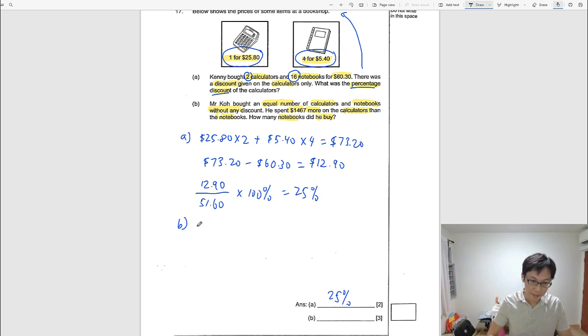So we let one set be 4 calculators and 4 notebooks. Understand? Because equal number means you must make them the same. So let's find the cost of 4 calculators. So 4 calculators will be 4 times $25.80.